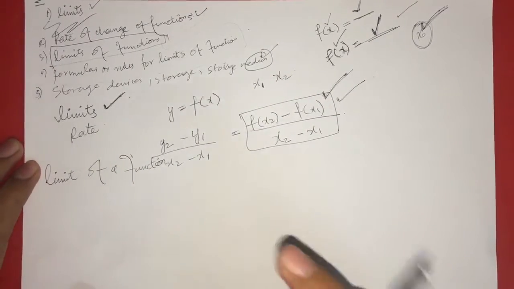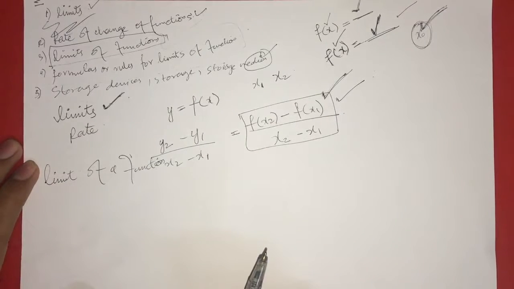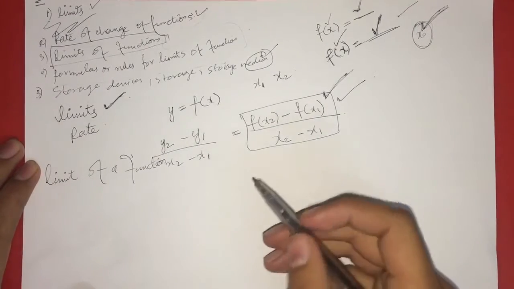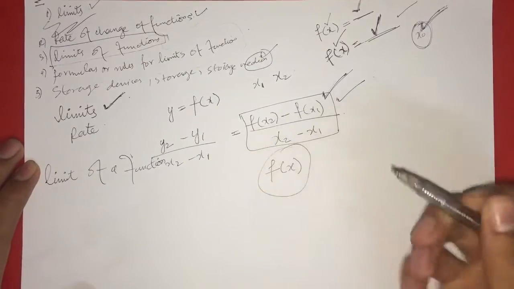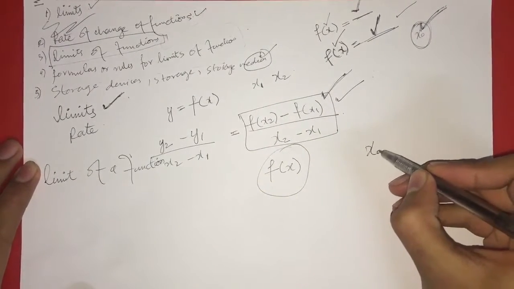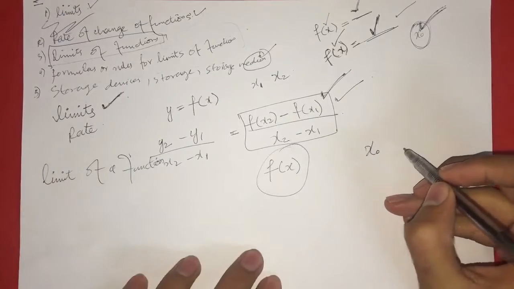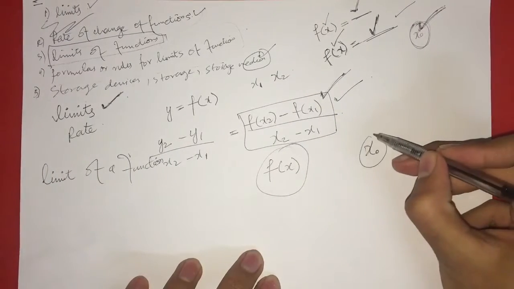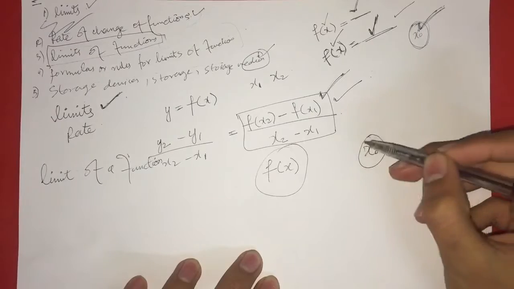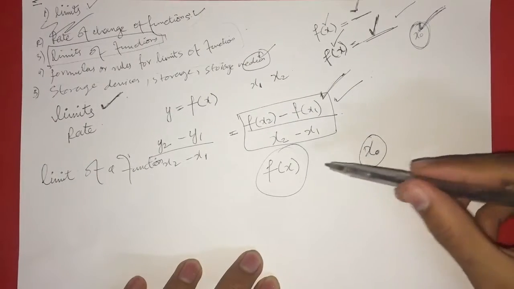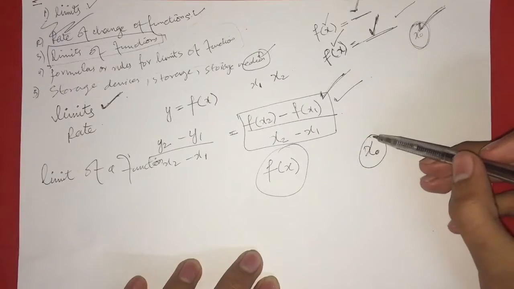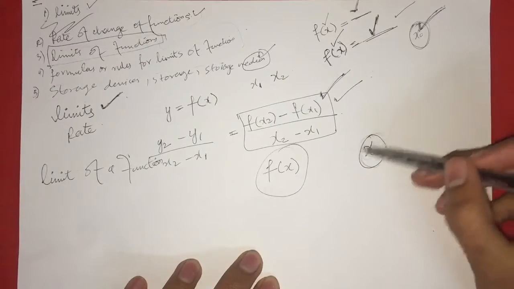For example, if you say that there's a function which is defined about x naught, like it is not defined exactly at x naught, it is just defined about it. So at x naught this function is not defined, it is just defined about this x naught.